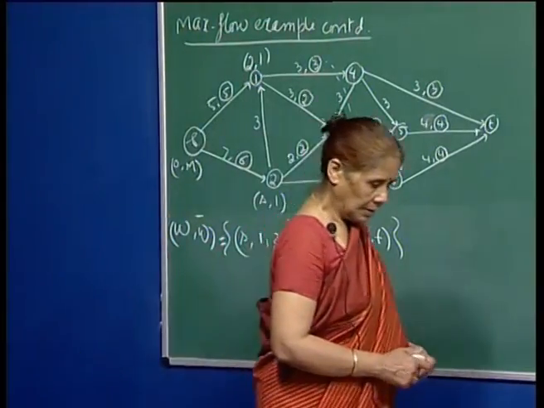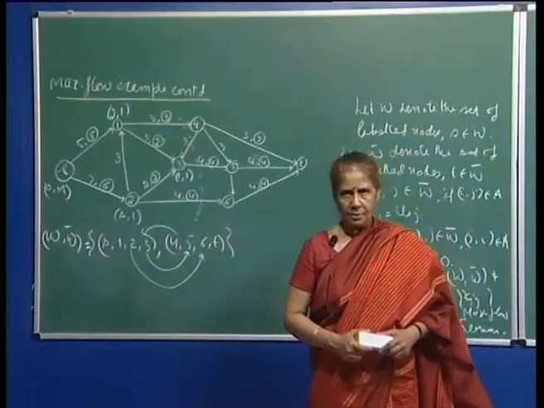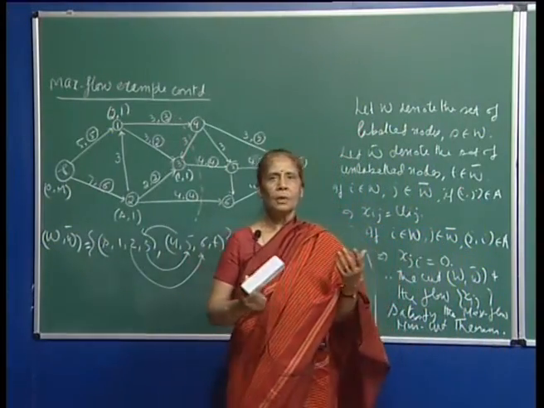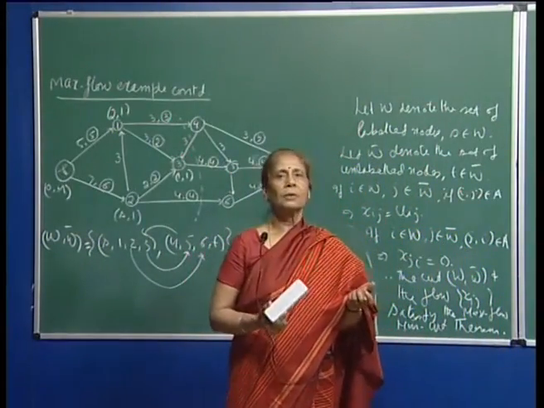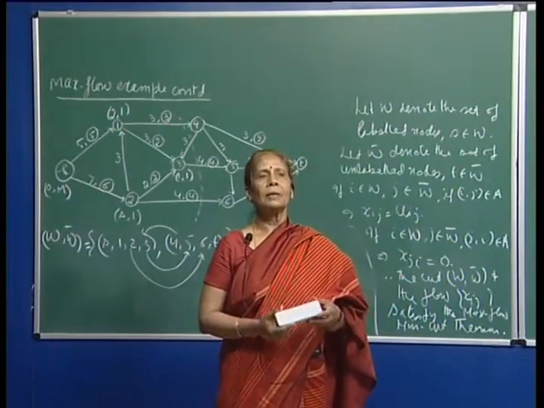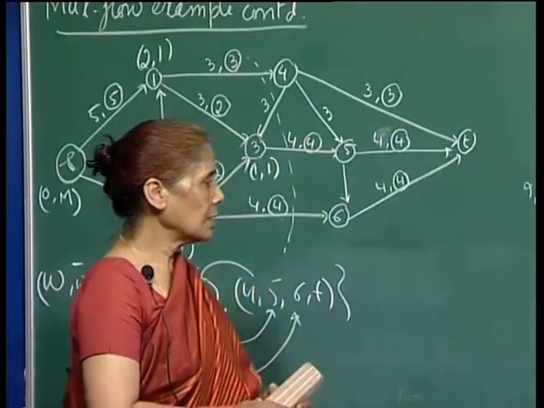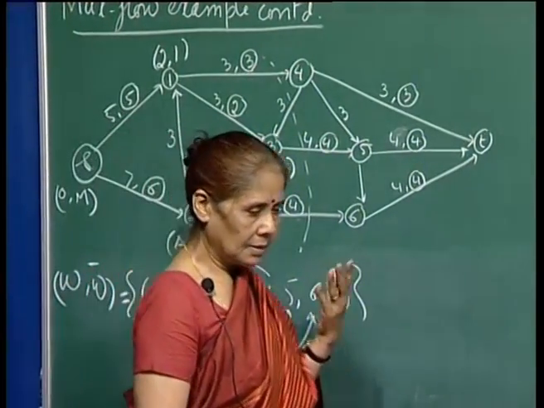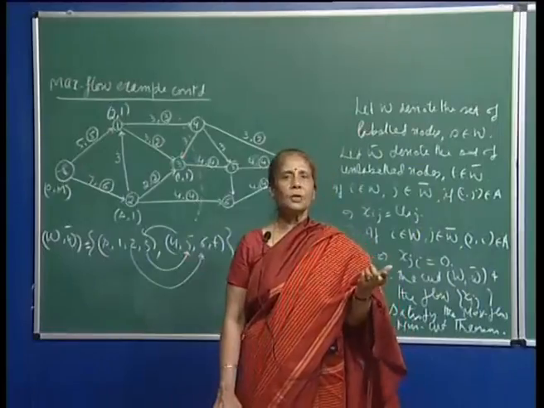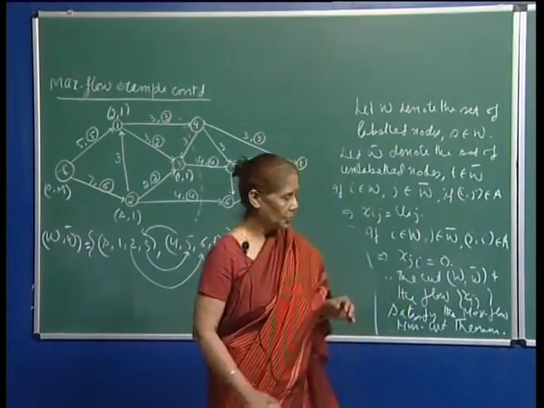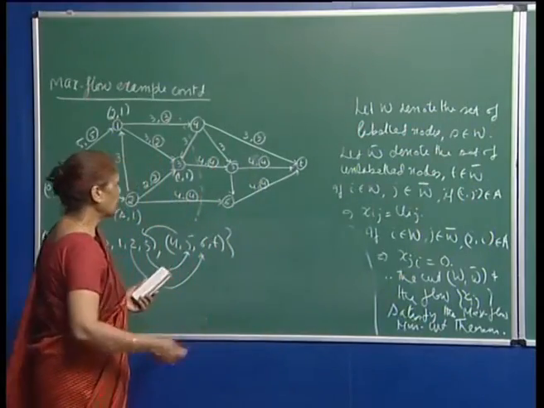So, a very simple basic algorithm, and I showed you that the groundwork for this algorithm was done by the duality theory for linear programming, because I told you that if you look at the restricted dual problem, then it is equivalent to obtaining an augmenting path, if it exists, in the network for a given flow.